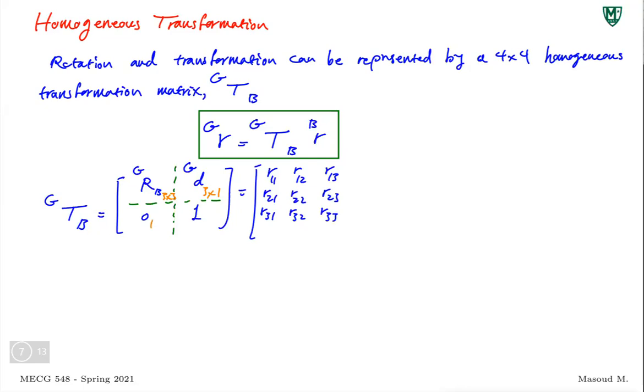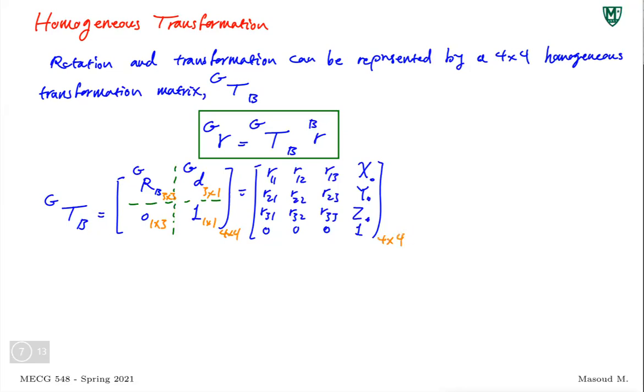This is a 1x3, and this is a 1x1. So these are 3 zeros here. And then you have D_G, wherever the position or D in global coordinate frame is. I'll just represent that with x naught, y naught, z naught, and this is just 1. So this is a 4x4 matrix.